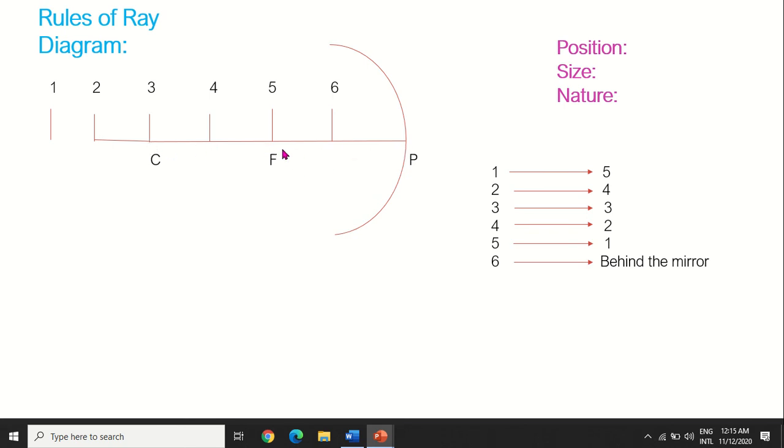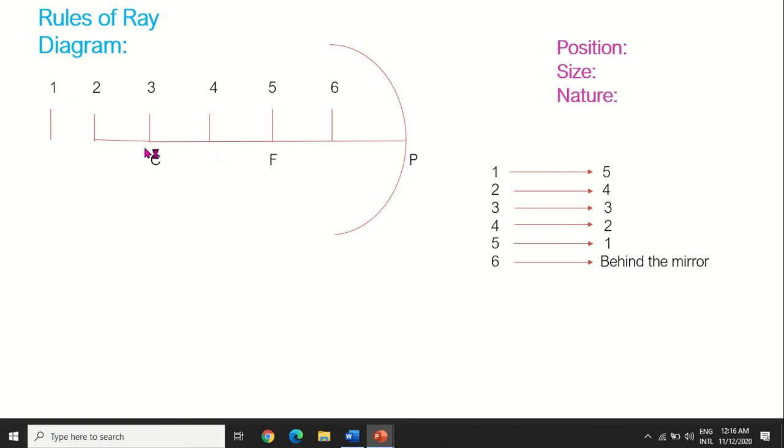Okay, so F will be the midpoint on the line CP or PC. P is the pole, F is the principal focus, and C is the center of curvature. And you know, the line that passes through the center of curvature and pole is known as the principal axis. So this line is the principal axis.